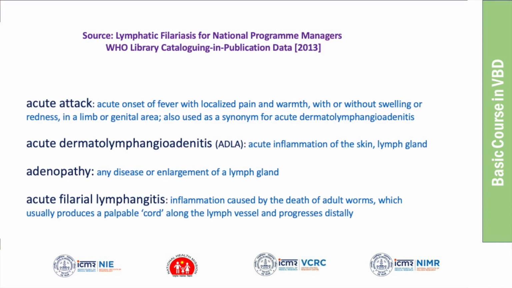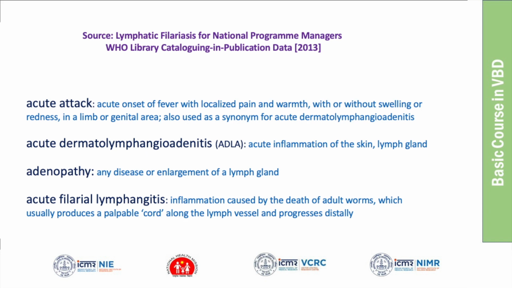So these are some of the definitions, and what it is all about acute attack and many things. The source is mainly from the WHO publications I have taken, and you can go through.